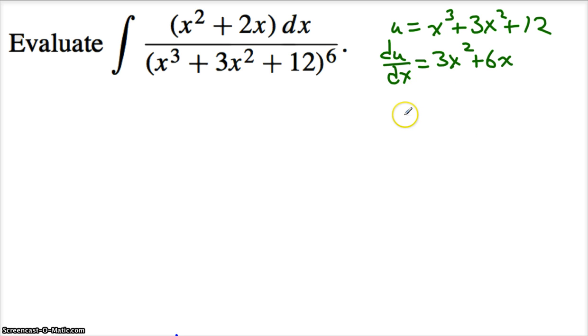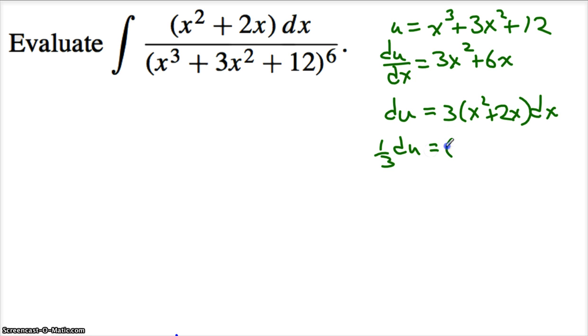Let's multiply both sides by dx. So here we get du. This multiplied by dx all right here, but I'm going to factor out a 3 here, so we'll have 3 times x squared plus 2x. And then I'm going to divide both sides by 3, so we'll get 1/3 du is equal to x squared plus 2x dx.